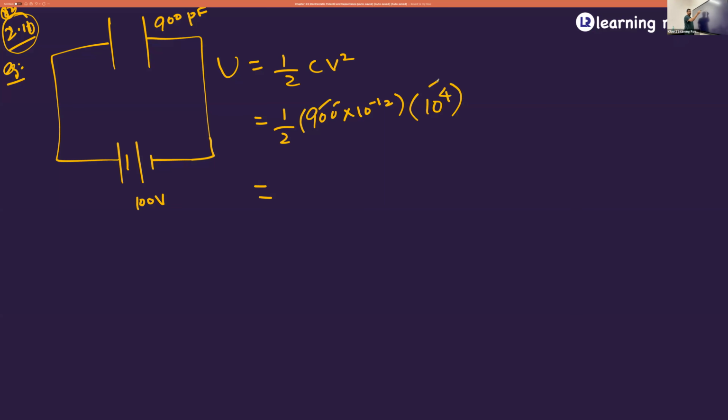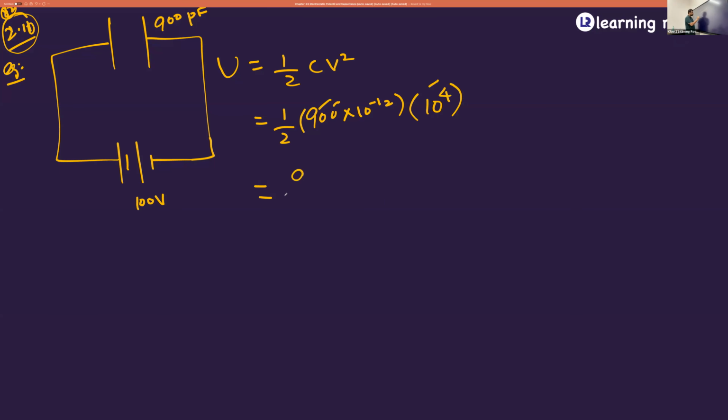So half into C is 900 into 10 power minus 12 into V square, 10 power 4. So how much will you get? 10 power 2 into 10 power 4 is 10 power 6. So 10 power minus 12 into 10 power 6 is 10 power minus 6.